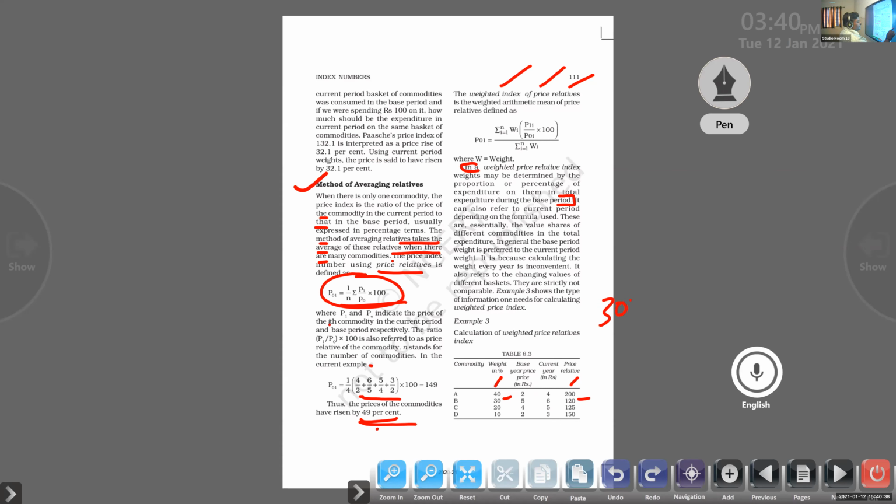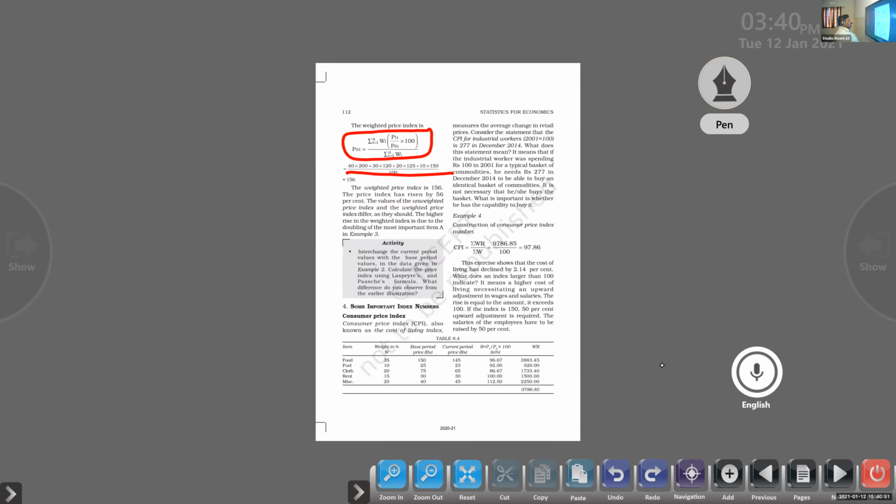So 30 into 120, plus 20 into 125, plus 10 into 150. So here you can see 40 into 200 plus 30 into 120 plus 20 into 125 plus 10 into 150, divided by 100.